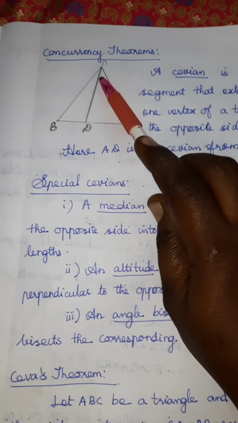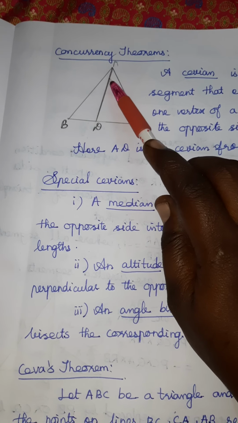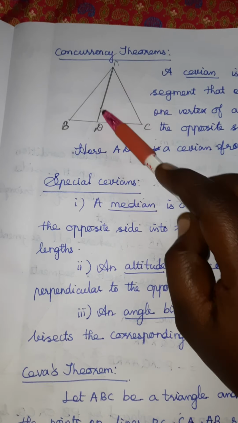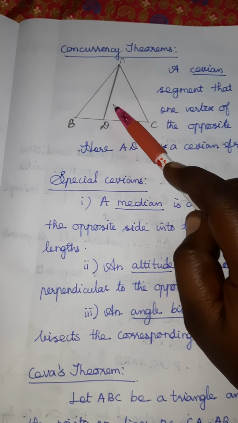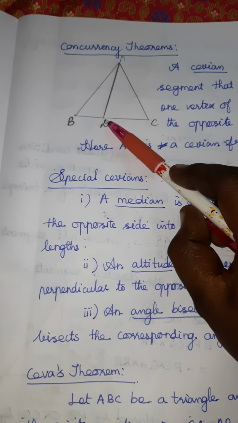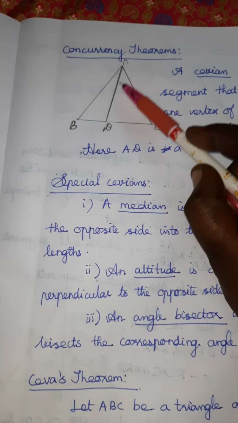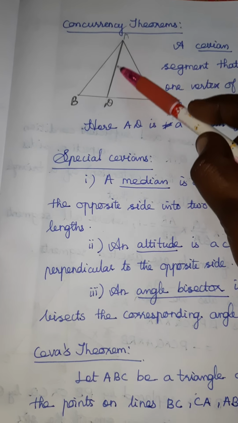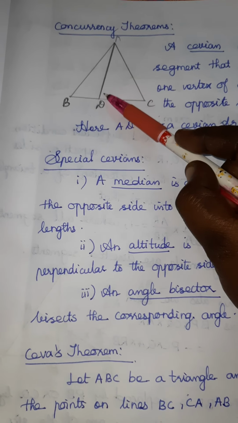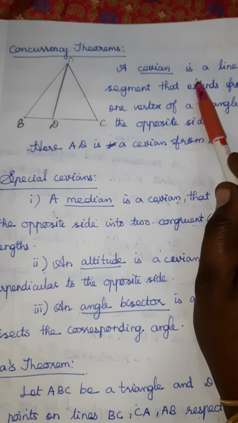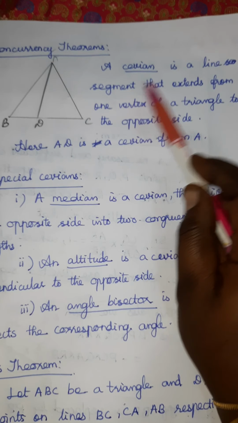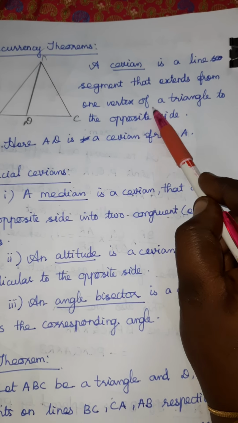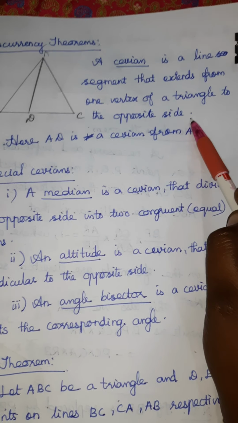Okay, it is not like median or altitude or perpendicular bisector or angle bisector. There is no condition to draw this line AD. Just from one vertex to the opposite side you have to draw a line. The name of that line is Cevian. A Cevian is a line segment that extends from one vertex of a triangle to the opposite side.